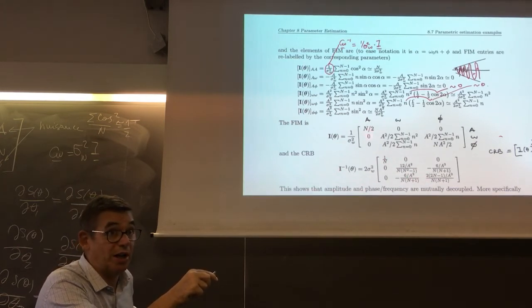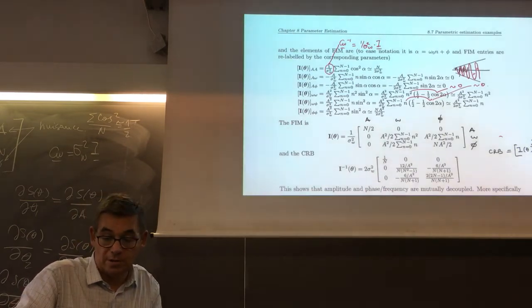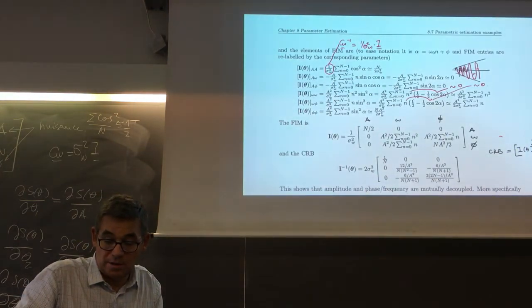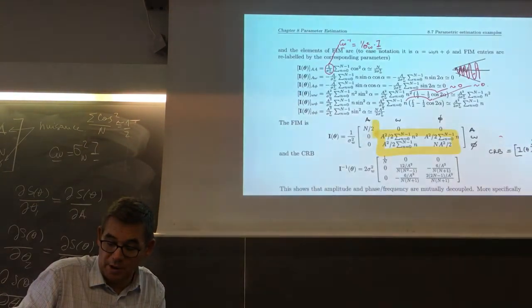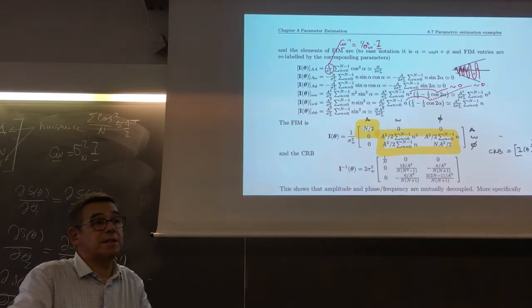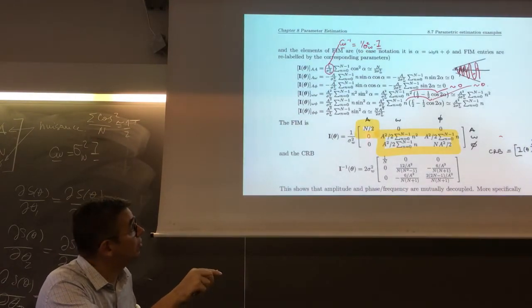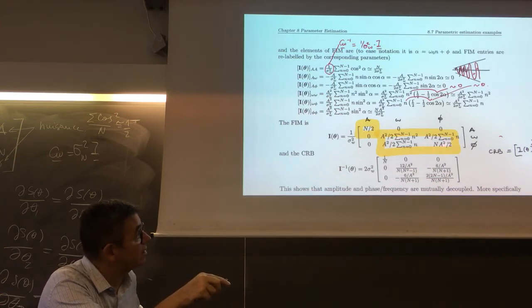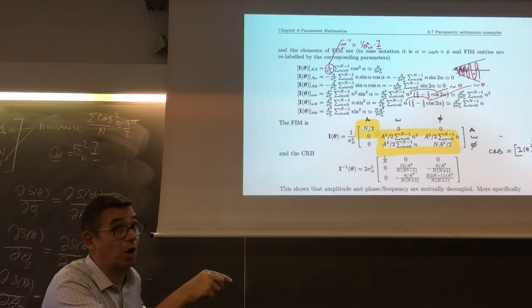I can also check it from the Fisher information matrix, because the Fisher information matrix is block partitioned. I have a block here and another block. And since the blocks are oriented along the diagonal, when I make the inverse of the block partition matrix that is different from zero only along the diagonal, it is the inverse of each of the blocks.